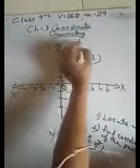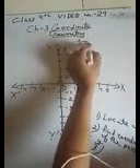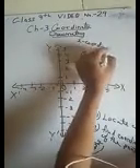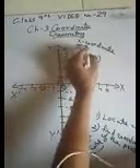Okay, this is called x coordinate. 2 को बोलते हैं x coordinate. इसको एब्सिसा भी बोलते हैं.